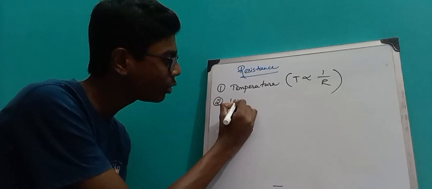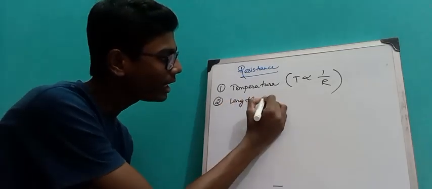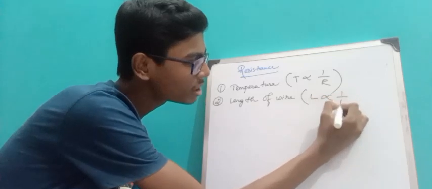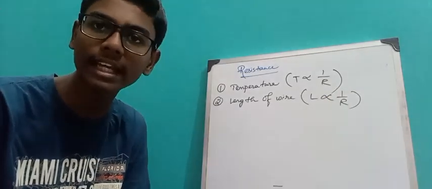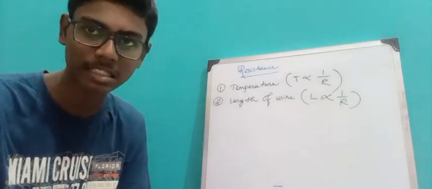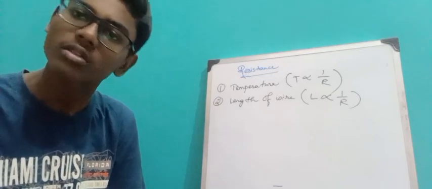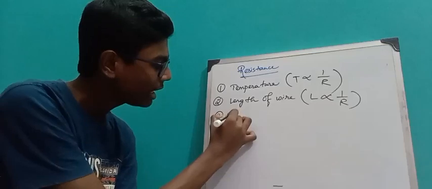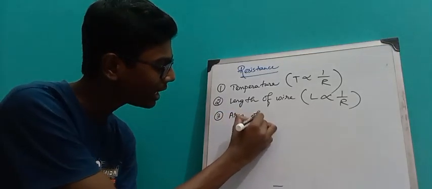Next, length of the wire. Length of the wire is again inversely proportional to resistance, because the more the length, the more distance the electrons need to travel. So resistance will be high. Third, area of cross section of the wire.